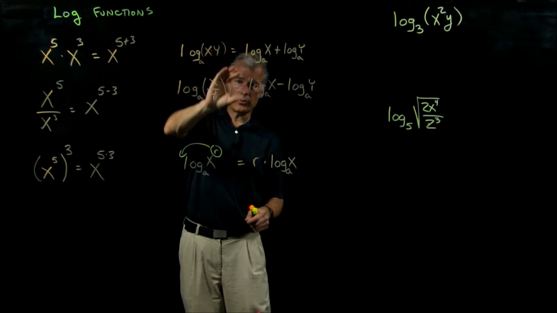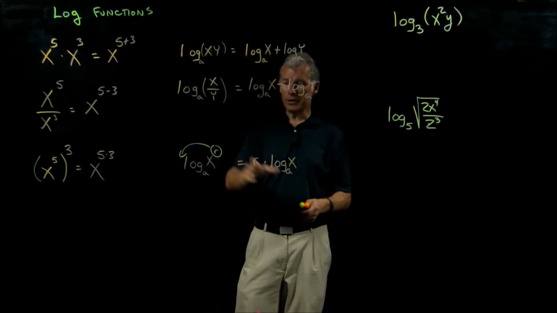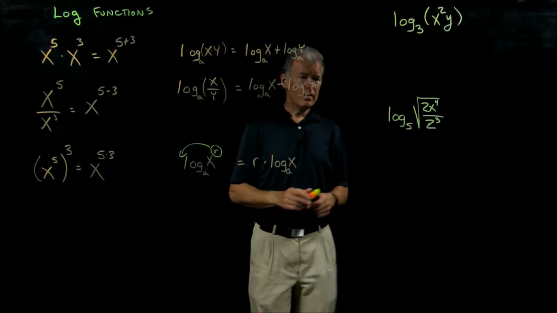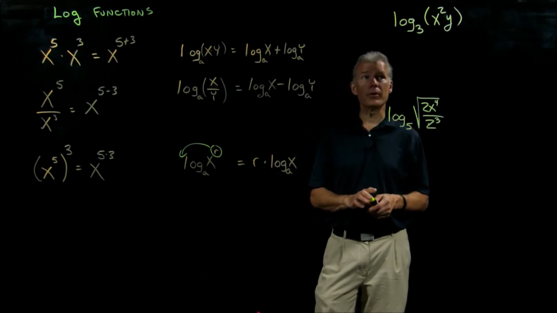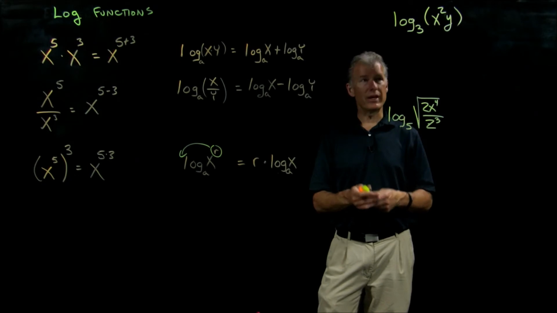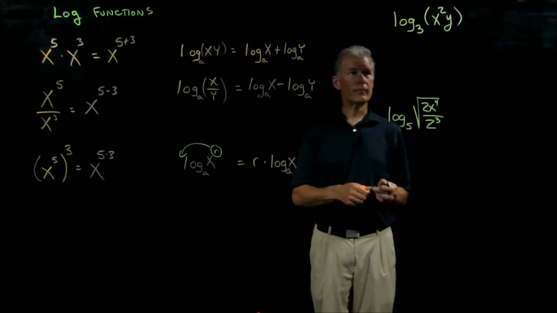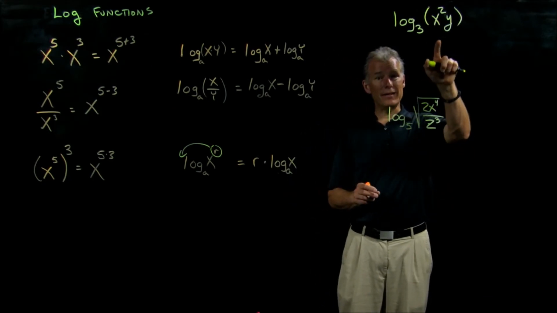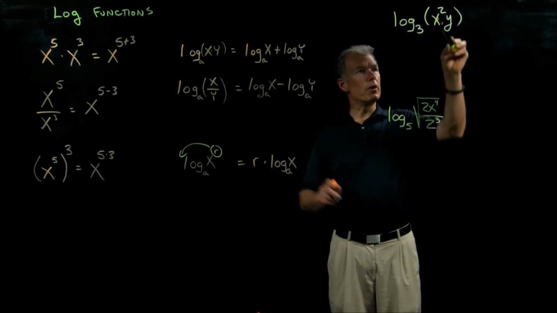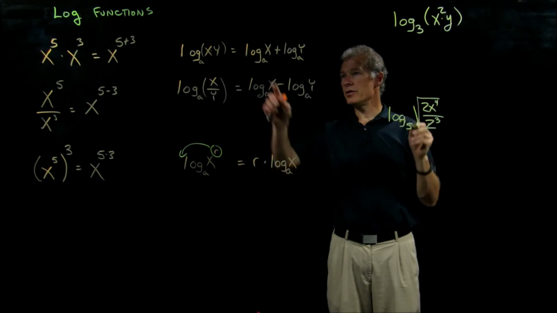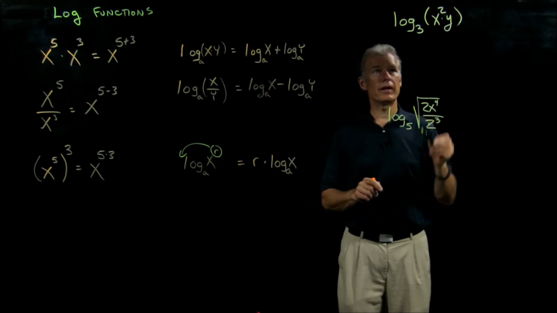So these are 3 log properties that we'll end up using to help us solve problems. But at first, before we even get to solving, let's just practice using these log properties, okay? So here I have 2 examples we can work on. What I want to do is expand this using these log properties. And so you can see here's an exponent right up there. Here we have multiplication, which is like addition, okay? So let's write out.